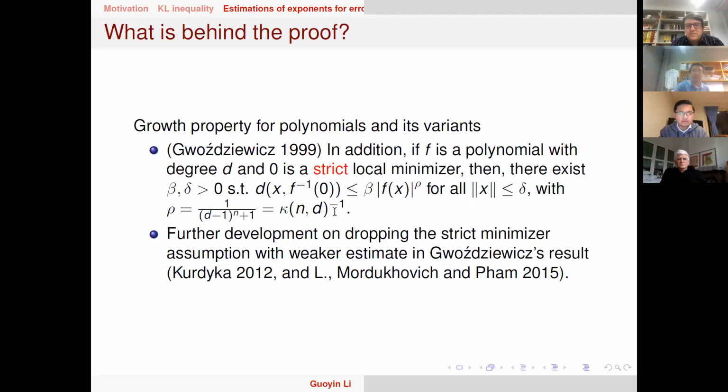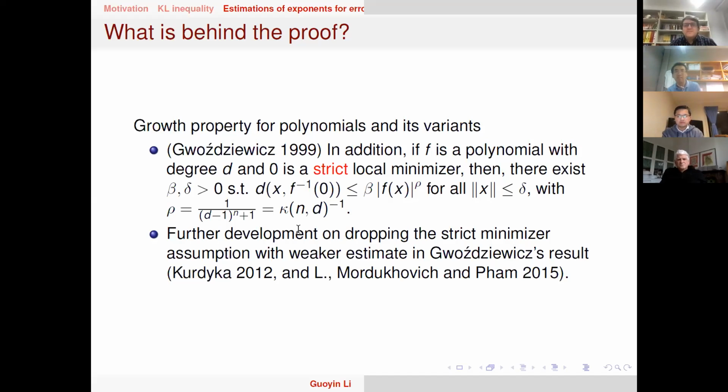It basically says that if you have a polynomial with degree d, and an additional assumption, which is a bit annoying but later we can circumvent: if the origin is a strict local minimizer, then around the neighborhood of this local minimizer, the distance to the zero set is bounded above by the function value with the suitable power rho, and rho is explicitly the exponent you have seen before. That's where the exponent comes from, I would say.